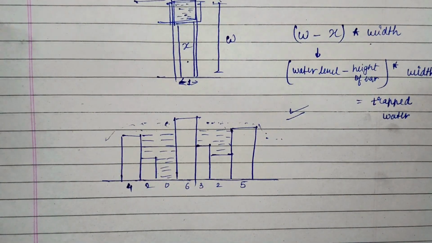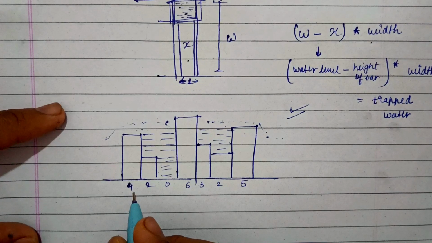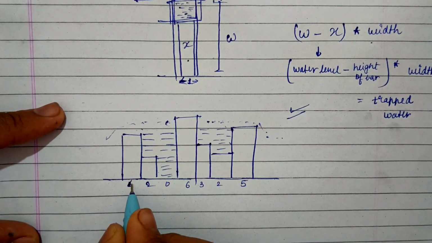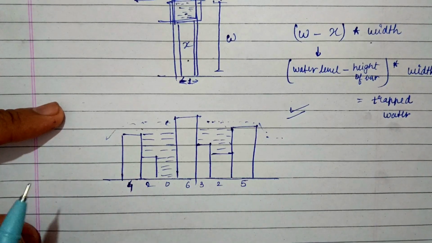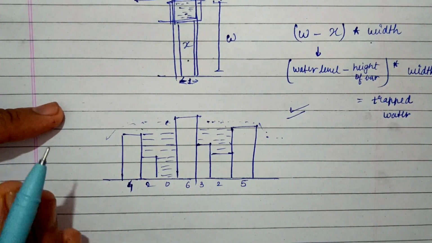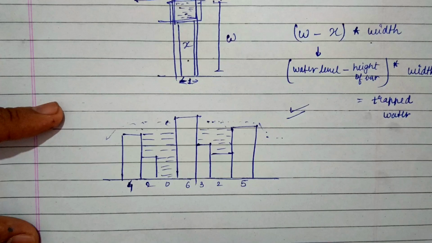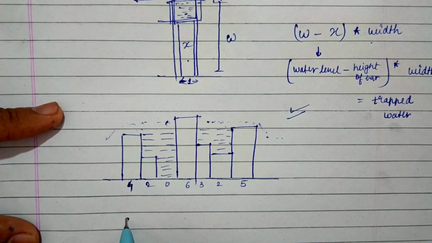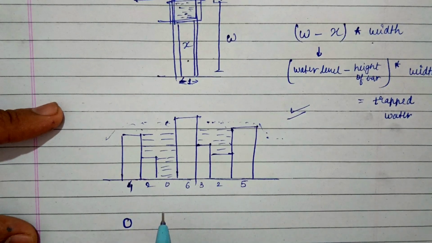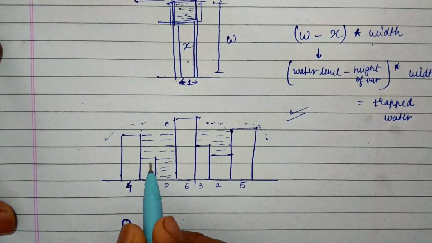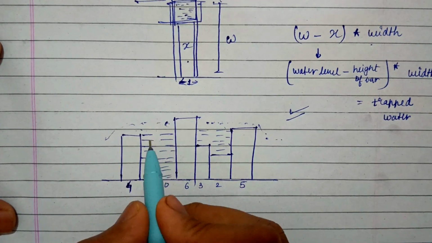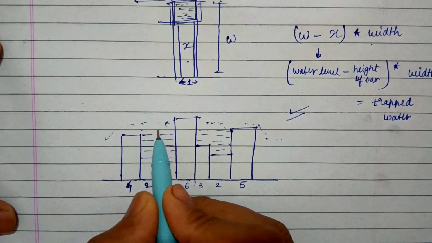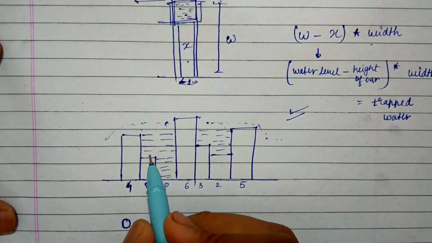We can see in the first bar the length is 4, and here we do not have any left boundary, so the water will not be trapped and this will be 0. Let's come to the second bar. How much water will trap above this bar?